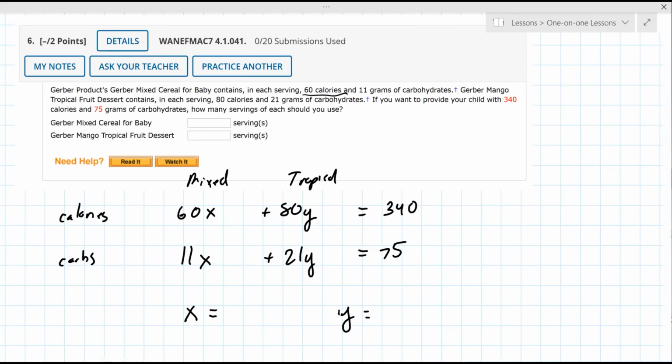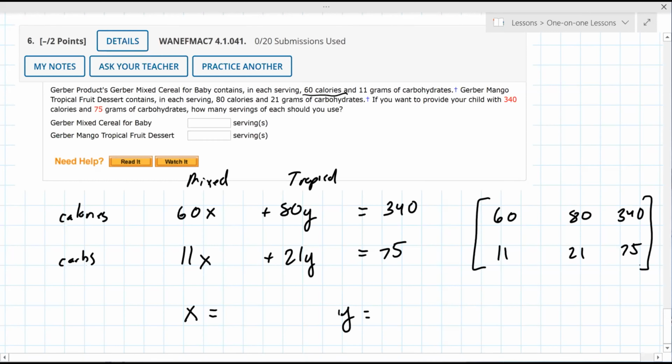So is it still two times 3? It is still 2 rows, because your matrix will be 60, 80, and 340, 11, 21, and 75. It's just the coefficients.